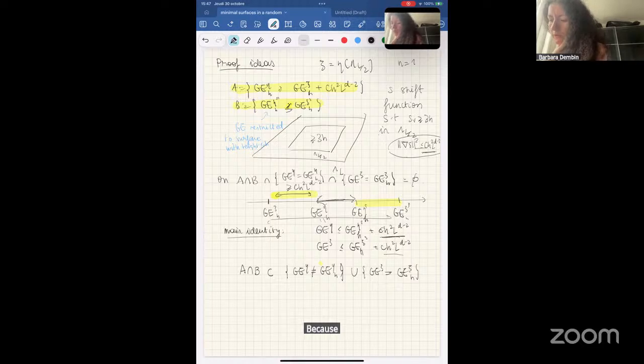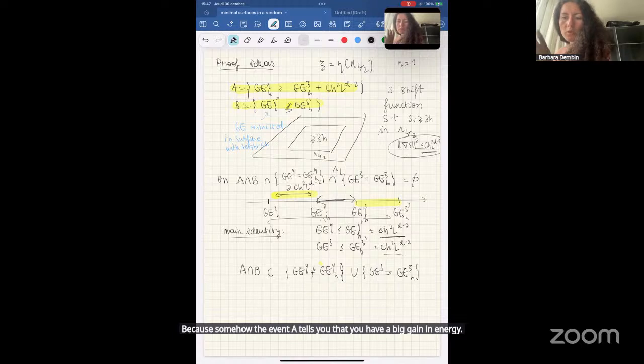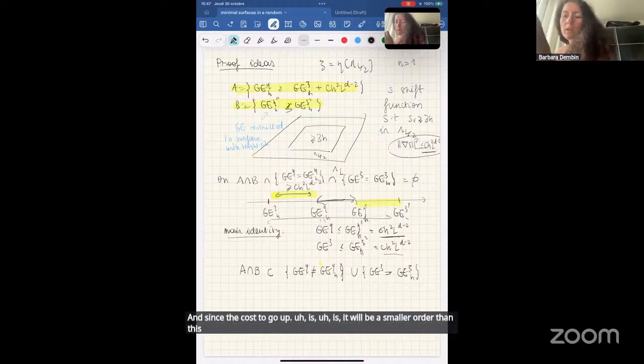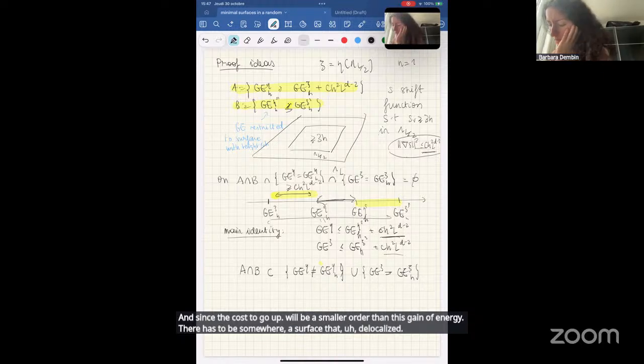Because somehow the event A tells you that you have a big gain in energy, and since the cost to go up will be of smaller order than this gain of energy, there has to be somewhere a surface that delocalizes. That's the idea.